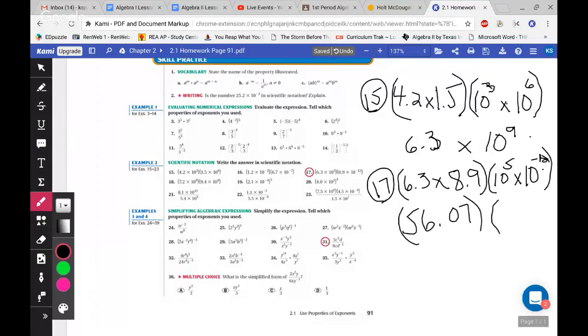And then 5 plus a negative 12 is going to give me -7. And then in order for it to be true scientific notation, I have to move this decimal 1, which means I'm going to be multiplying by 10 to the first, essentially, to do that. Does that make sense?